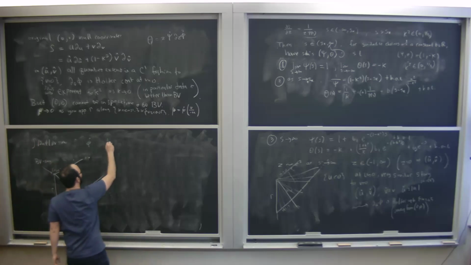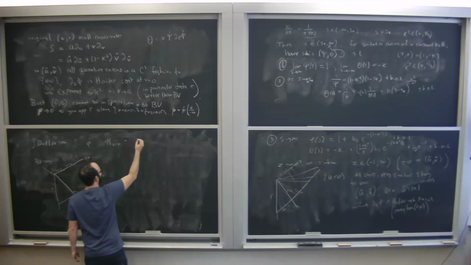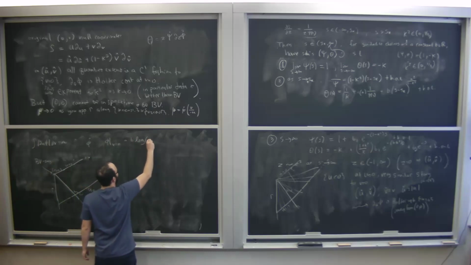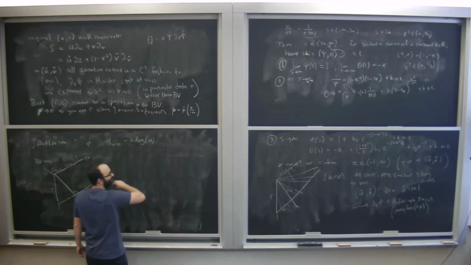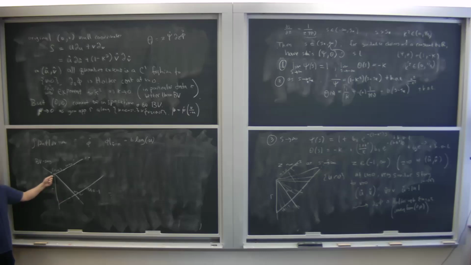Of course, this at v equals 0 is going to have some suitable constant times log of u. Or if you want to work in the regular coordinate, it doesn't make a difference. So along v equals 0, this thing is blowing up logarithmically. So this is a bad singularity at this point. But then you have the future light cone of that point.